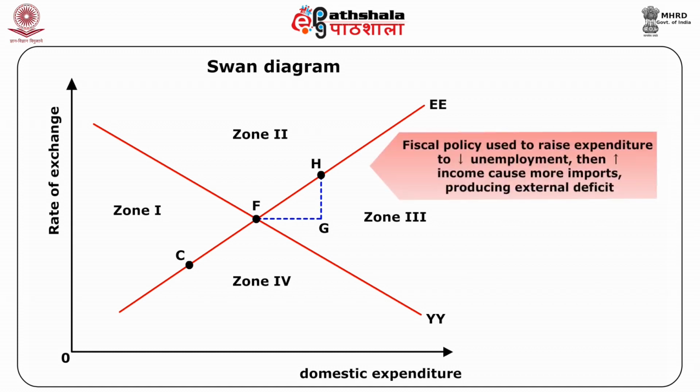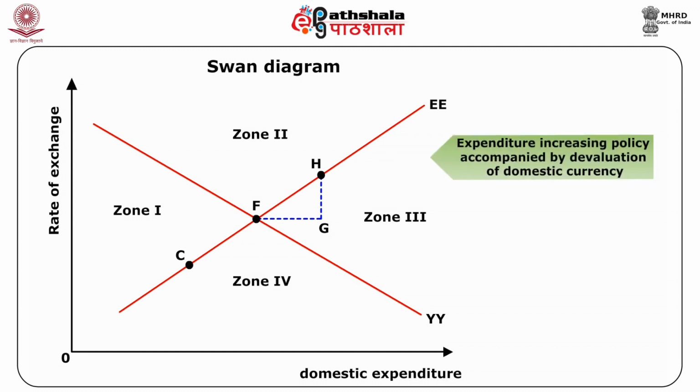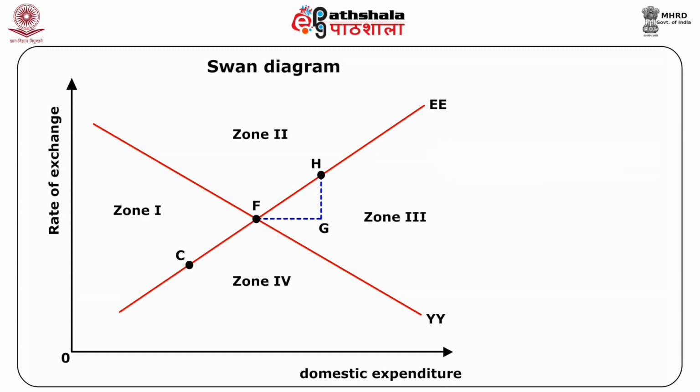If only fiscal policy is used to raise expenditure to decrease unemployment, then increased income will cause more imports, producing an external deficit. So the expenditure increasing policy must be accompanied by a devaluation of the domestic currency, an increase in R, in order to achieve internal and external balance.